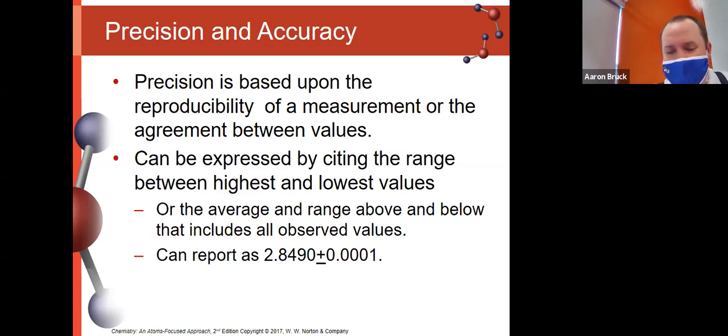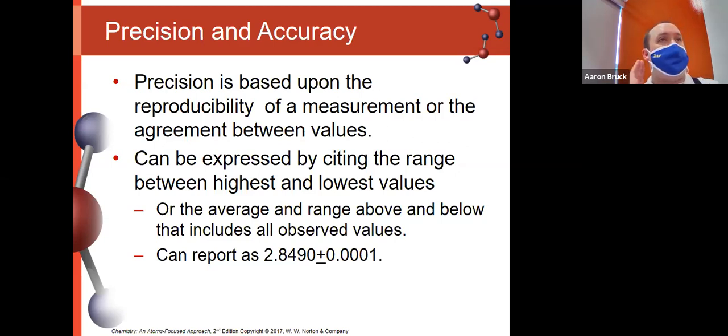So in a single data point, it's not terribly difficult to get it right once. The true measure of precision is not just getting it right once, but is that something that is repeatable? And so precision we talk about in two ways. One way is in terms of reproducibility.